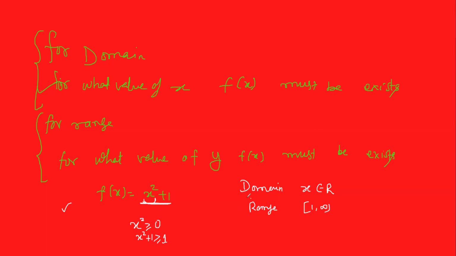This is called range. Range means you will never get a value less than 1. You can check. And you can put any value of x. This is called domain. Write this example. I will tell you one more.